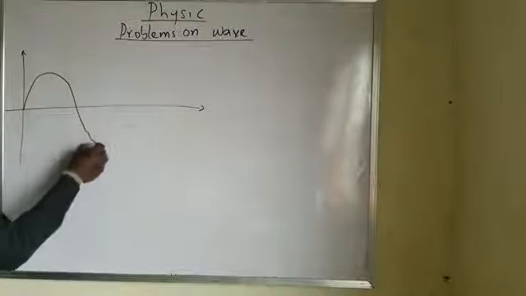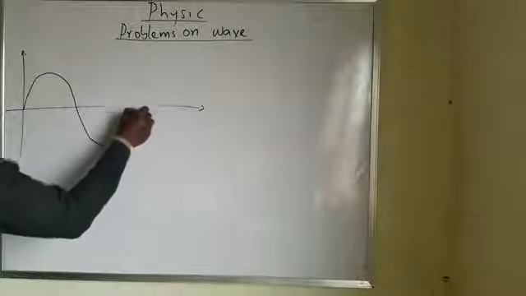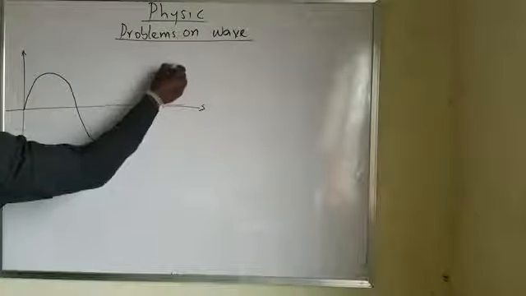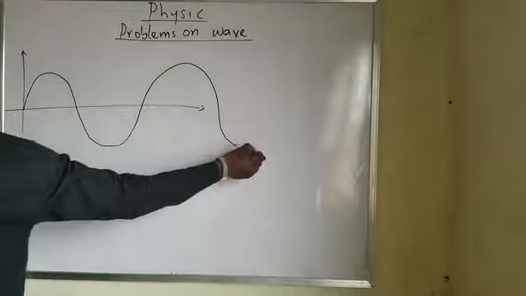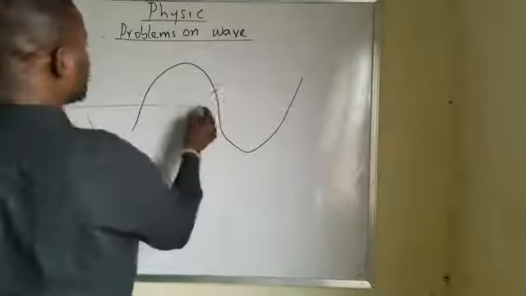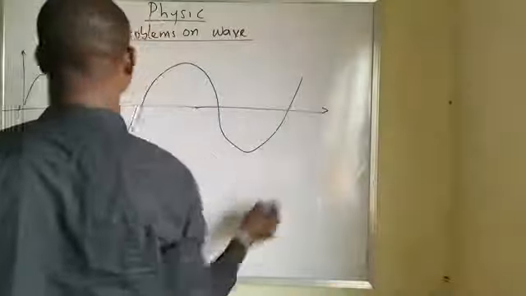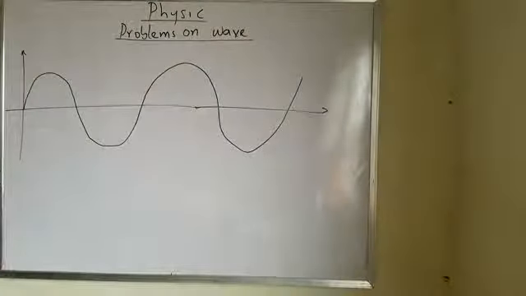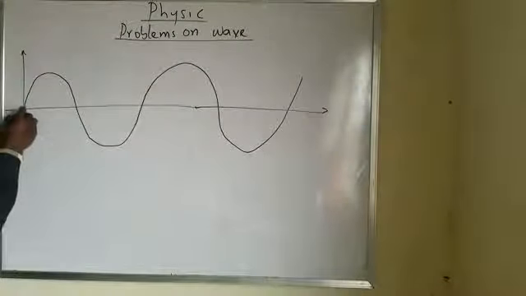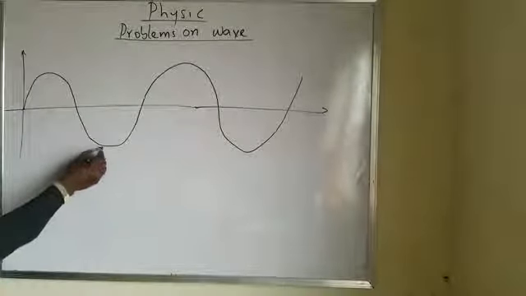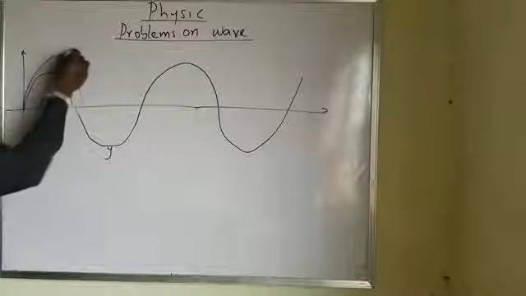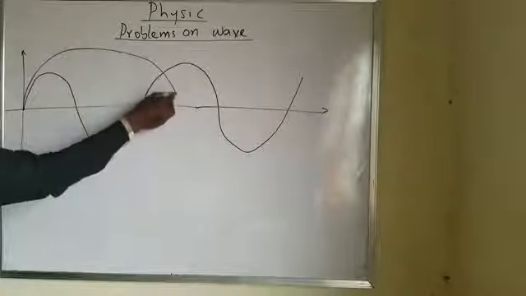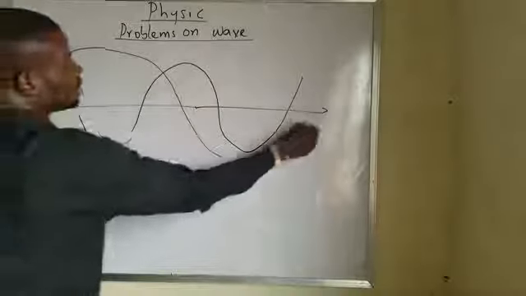I have this type of wave. Let me create this one. Now, I have another one like this. This one is called Y. Now, I have another one which goes like this and comes like this.